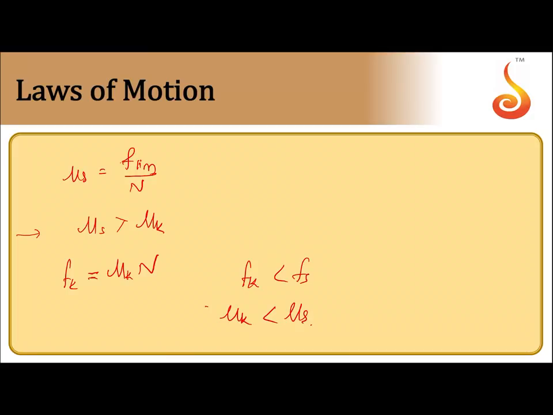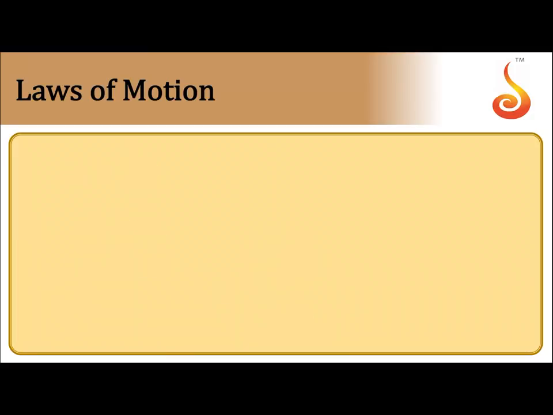Let us consider some important applications in this case. Suppose I consider an object which is being pulled, a block which is being pulled. If F is the force applied, and if the object is stationary, then static friction is equal to force, as long as the object is not moving.